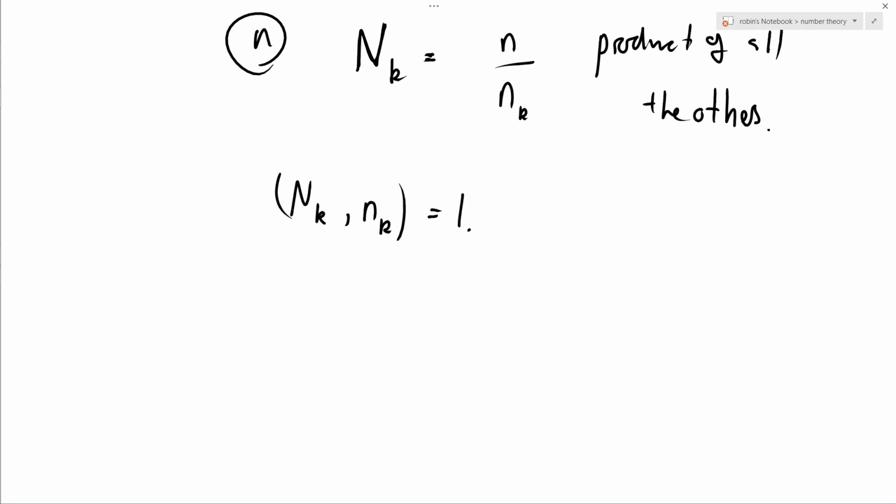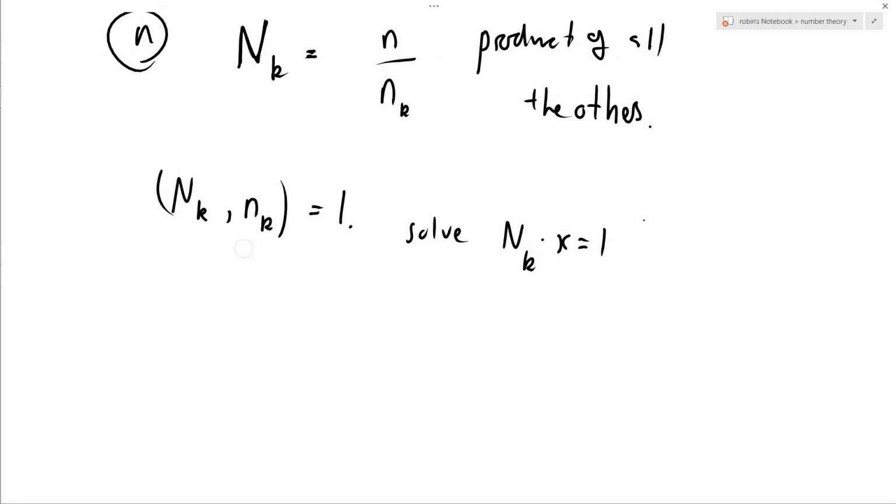Okay, so what I'm going to do is observe that I can solve Nk times x equals 1 modulo nk by the theorem, or by the corollary to the linear congruence screencast, which was the previous one. So I can always solve this equation here.